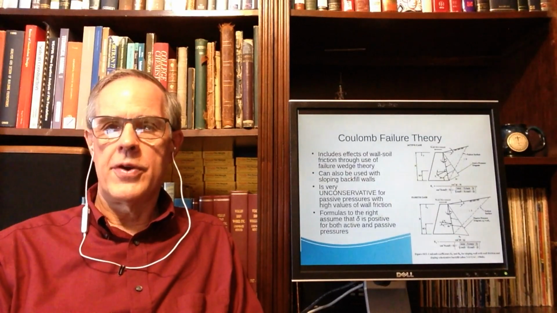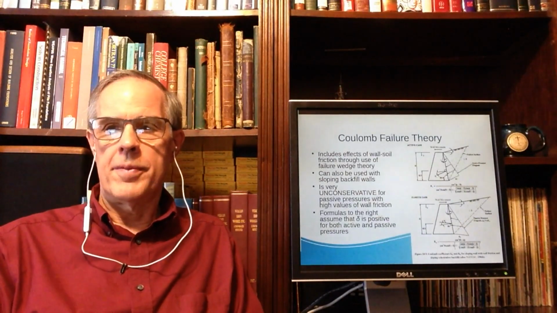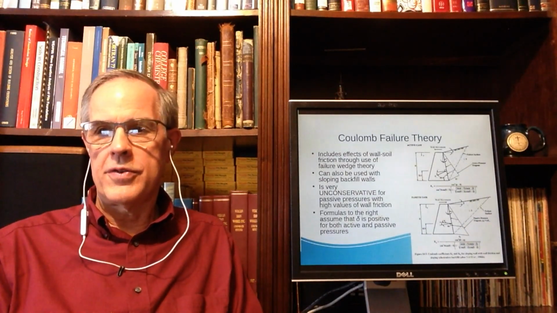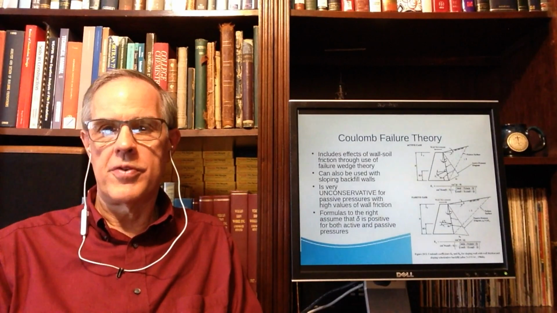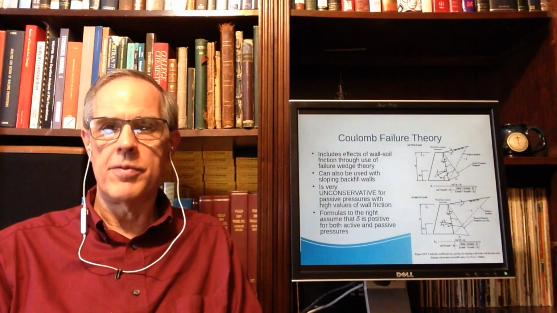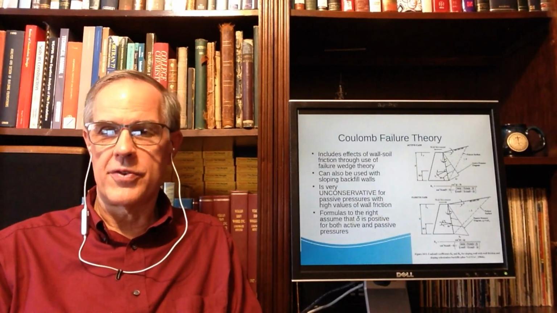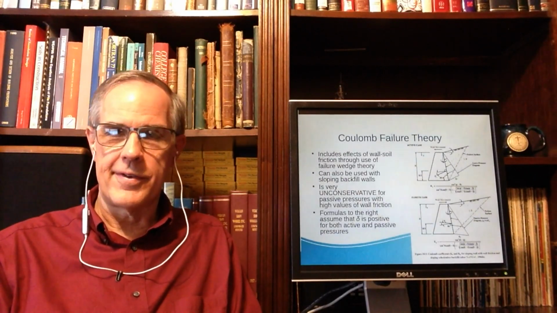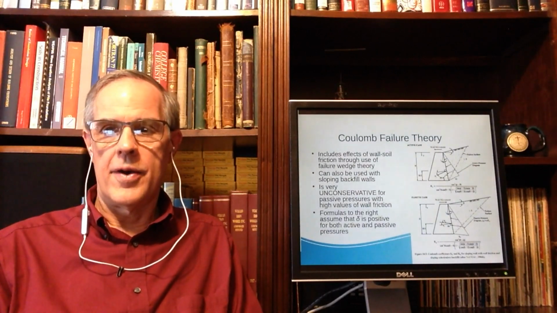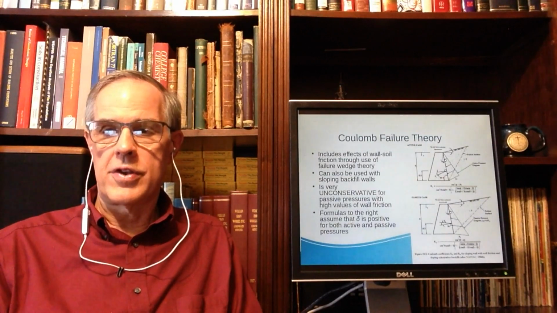With Coulomb theory, we have a little bit different situation. You assume a failure wedge. You compute the weight of the wedge and how it's driving. You compute the frictional forces along the failure surface, and all that. And that's where we get the sloping backfill, because you can actually include sloping backfill.